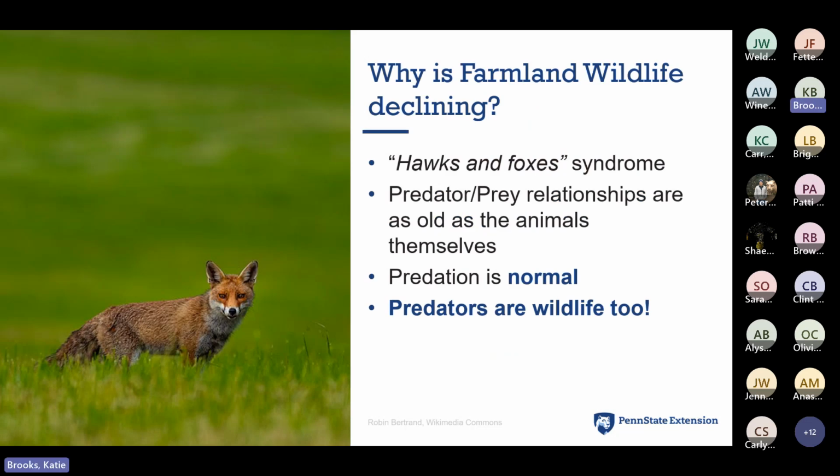So when we talk about predators, if you take any biology or ecology classes, there's a syndrome that's often taught called Hawks and Foxes syndrome. This is just an example of a predator-prey relationship. This is a cycle where populations go up and down naturally. Prey species may decline for some reason, like a normal disease outbreak or a lack of food due to bad weather for a year.